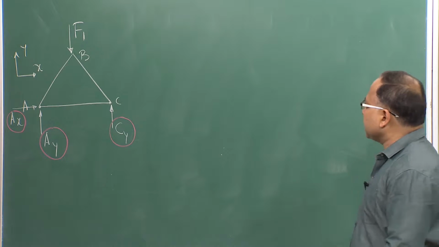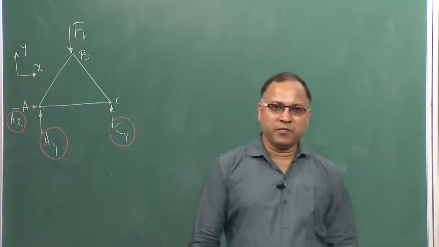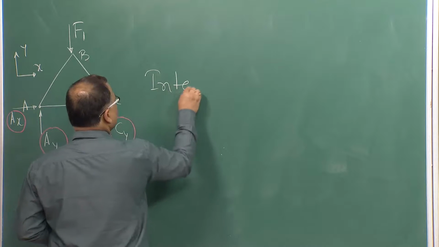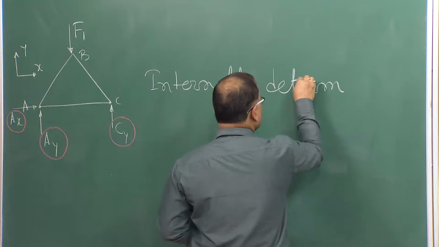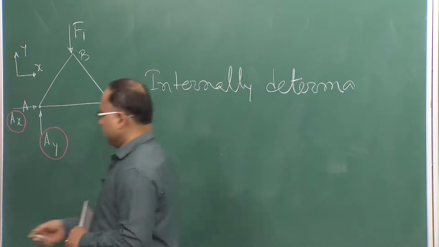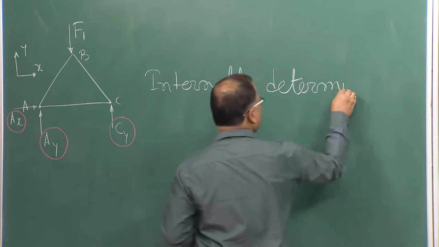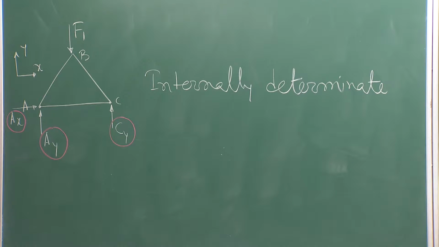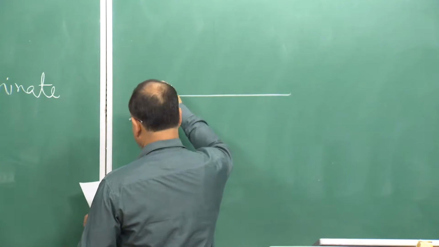So, if by satisfying the equations of equilibrium you can solve all the member forces, that is known as an internally determinate truss, right.